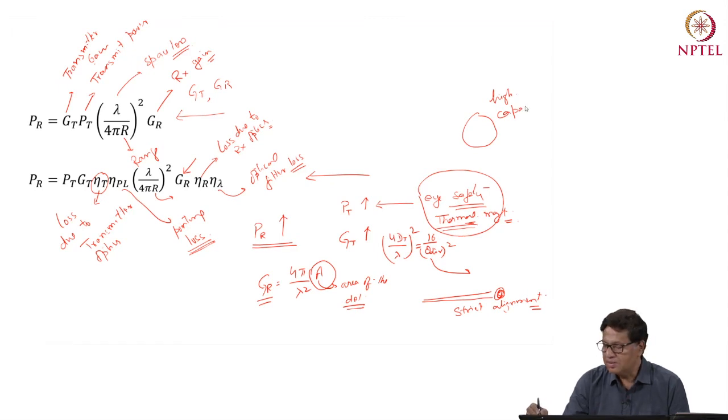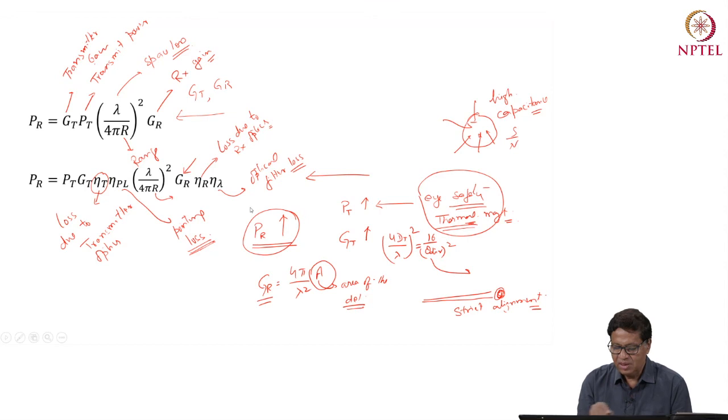Then it may not respond to high data rate because the capacitance is high. And also if I increase the area, you will have more background noise coming to it. So your signal to noise ratio will go down. So again, there is a limit to which you can increase your area if you want to increase PR.